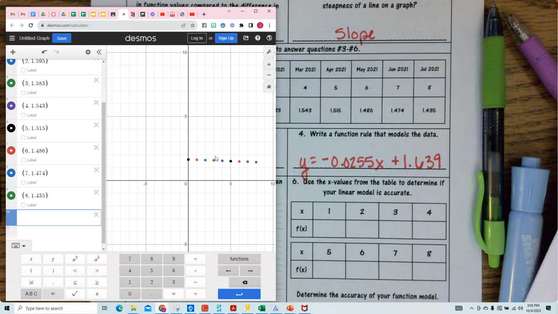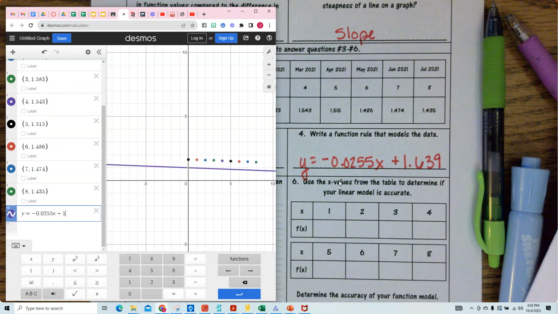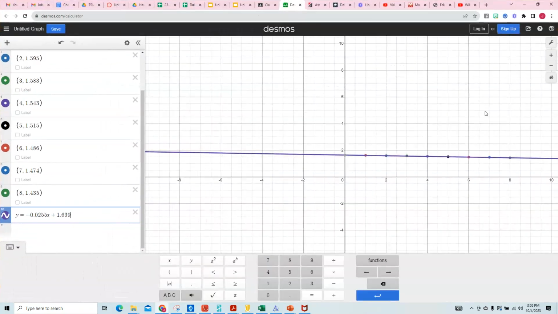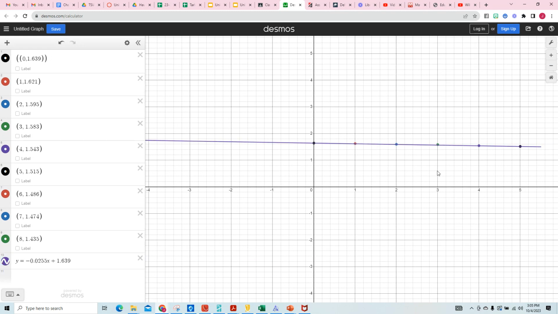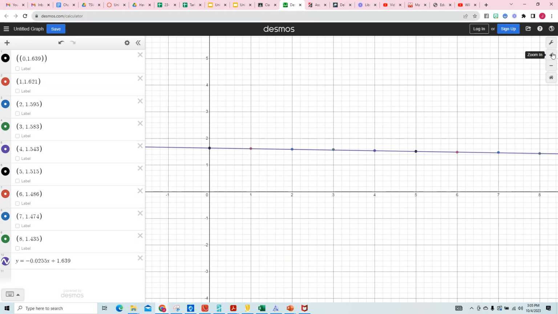Okay, so here's all those points. And then I can also type this line in. And what I can do, I can kind of zoom in on this and see how well those points line up. And so you can adjust this.